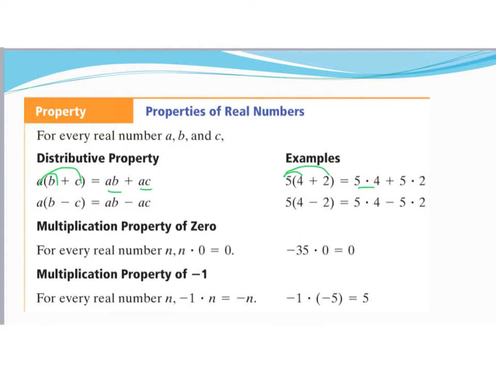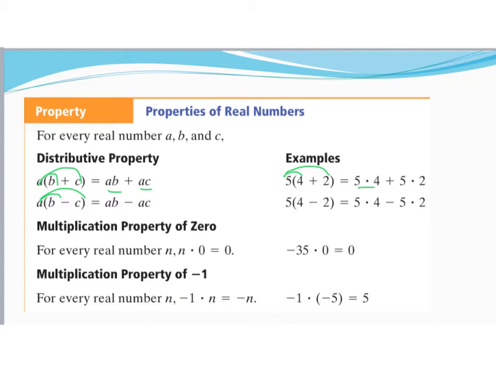Likewise, I have the same thing if I'm subtracting. I can distribute that A onto everything inside of those parentheses, and then I end up with AB minus AC. And you can see the same thing is true over here on the numerical side.